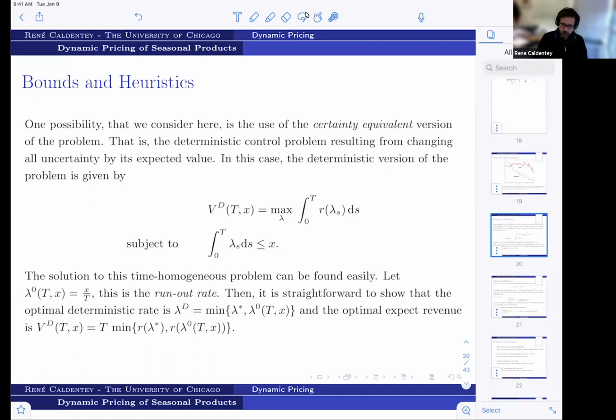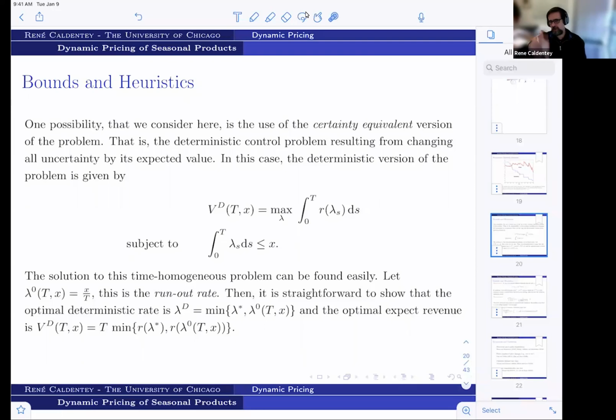So one type of asymptotic analysis that we can do is based on this certainty equivalent or fluid version of the problem, right? So this is the same optimization problem that I was discussing before, but now we're going to remove all the uncertainty, and we're going to assume that people are coming as a fluid.